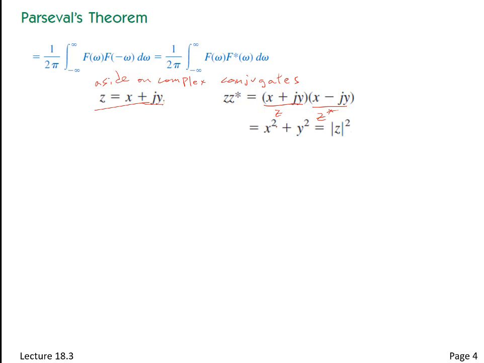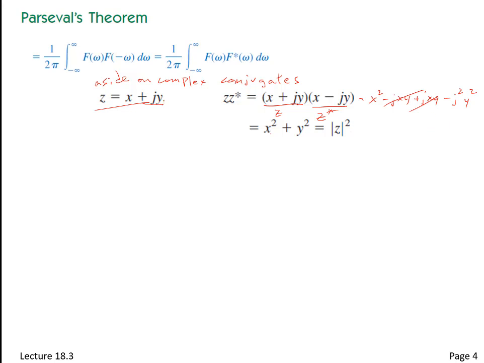X times x is x squared. X times minus jy. So this is what? X squared minus jxy plus jxy minus j squared y squared.